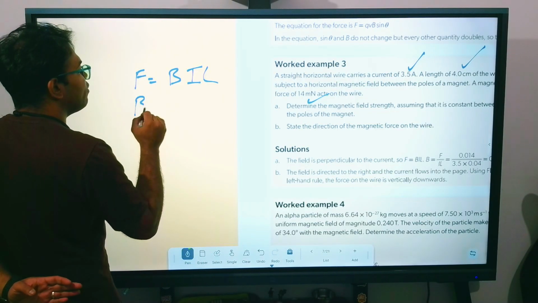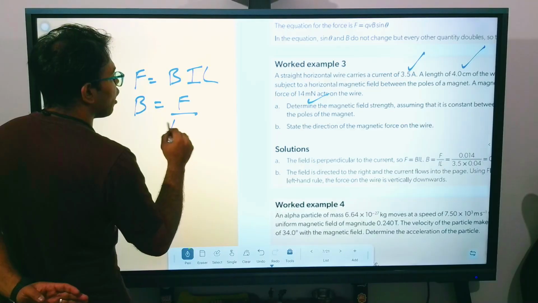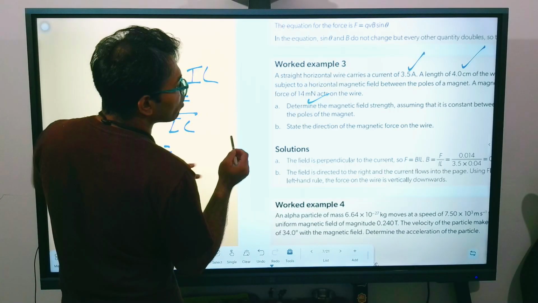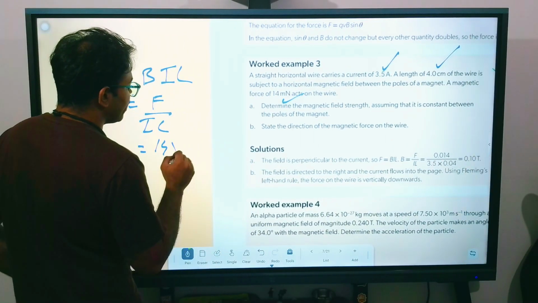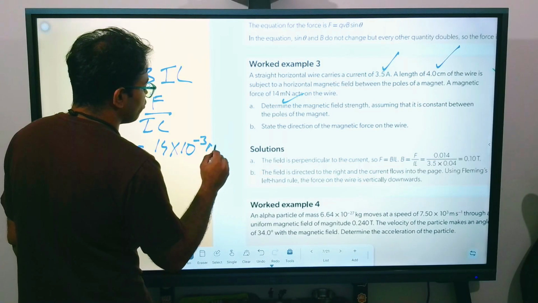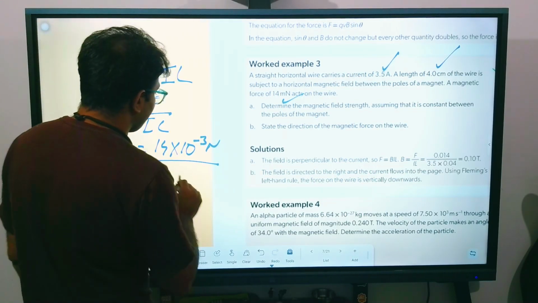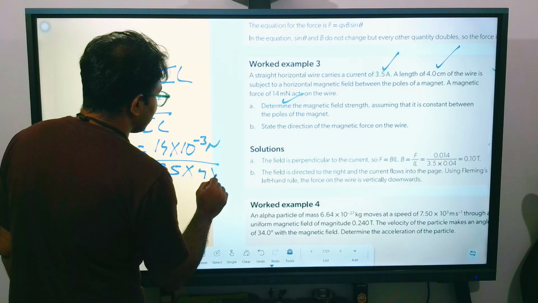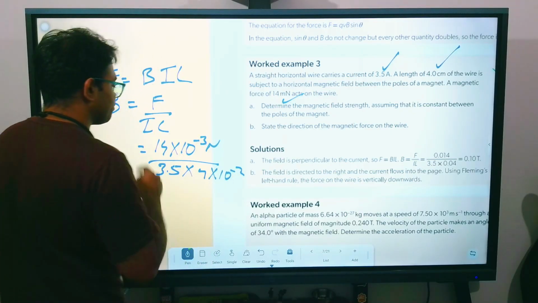So B will be equal to F upon IL. F is 14 into 10 to the power minus 3 newtons, upon 3.5 multiplied by 4 into 10 to the power of minus 2.